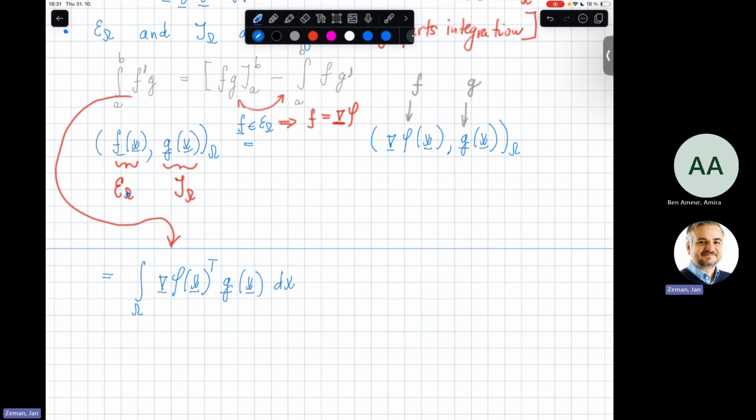So what I will say is as follows. I will have this integral over omega with the minus sign, and I will have this phi of x multiplying the divergence of g as a function of x dx.